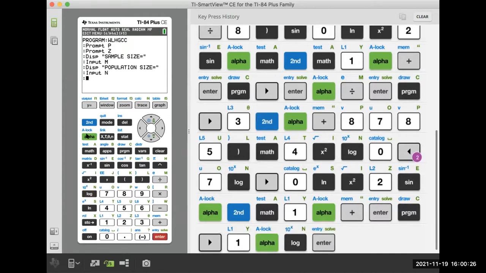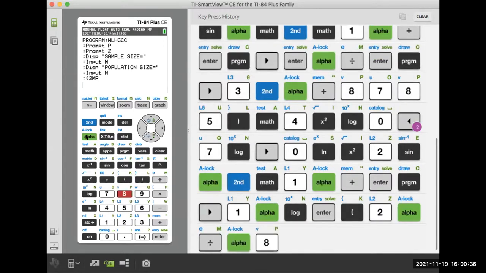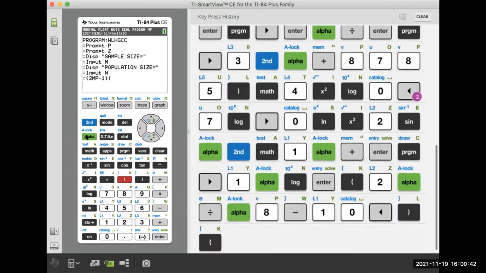Okay, so now let us do parentheses 2MP minus 1. Oops. N minus 1.